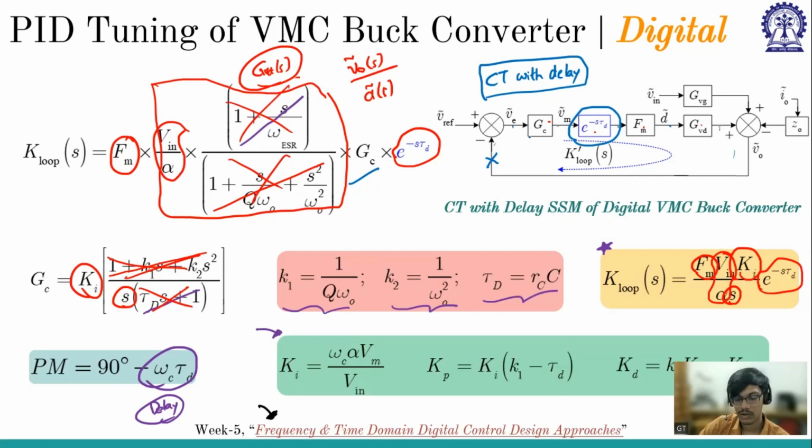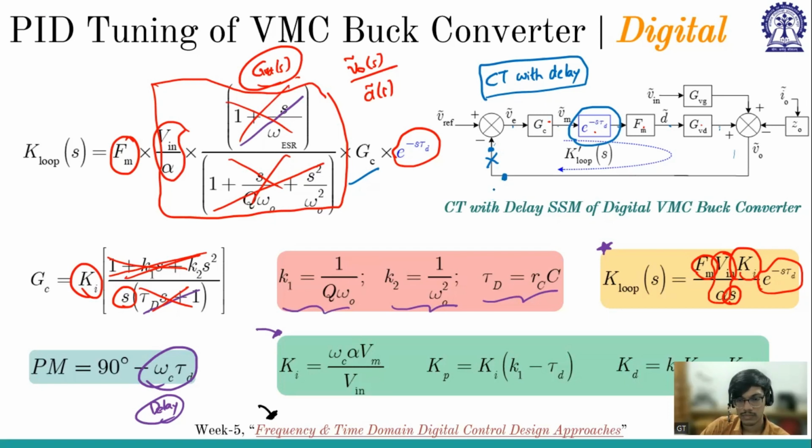Sir, what are the starting and ending points? You can break the loop here, start from this point, and go around to this point, something like that.